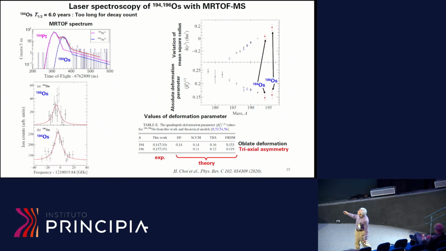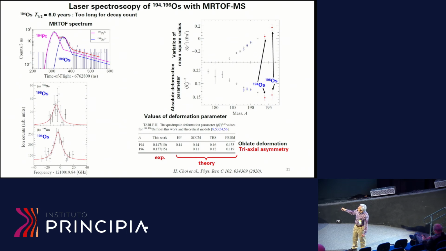Okay, this is the result of the laser spectroscopy of osmium-194 and 196 using the MR-TOF mass spectrograph. Osmium-194 is an unstable nucleus, however the half-life is very long, 6 years. So it is too long to identify osmium-194 by decay measurements. MR-TOF can clearly identify osmium-194, separated from the background nucleus platinum-194.